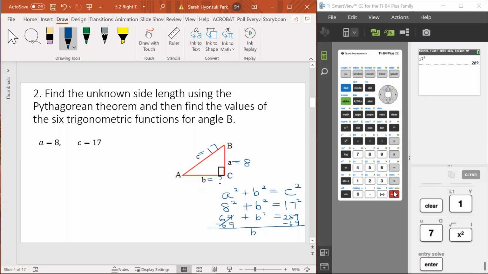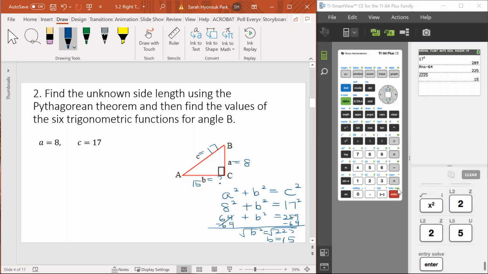B squared is equal to 289 minus 64, which is 225. Of course, we have to take the square root of both sides to get B. The square root of 225 is 15. So now that I know B, I can label this 15.